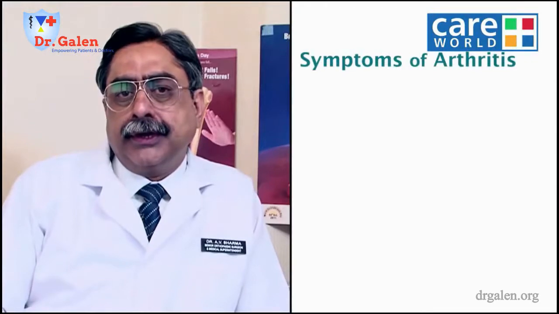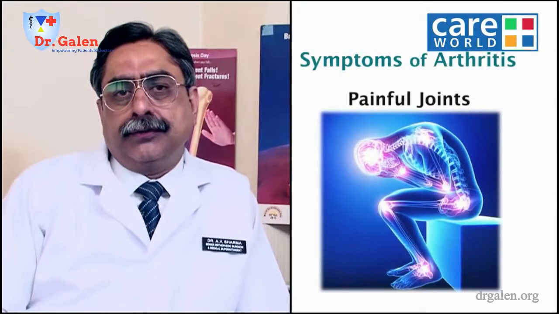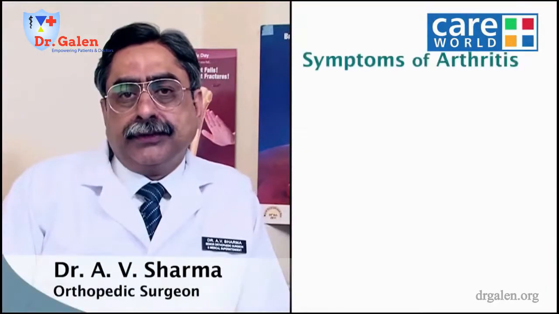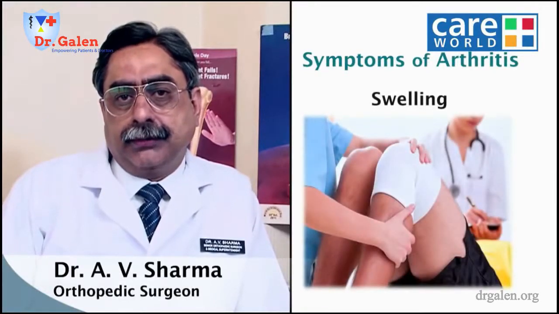Symptoms primarily, as far as the layman is concerned, would always start with the pain, the painful joint. Pain is something which is easiest to be detected by a layman, because pain is a very important and hurting sensation. But there may be other symptoms, like swelling which may be visible to a layman.